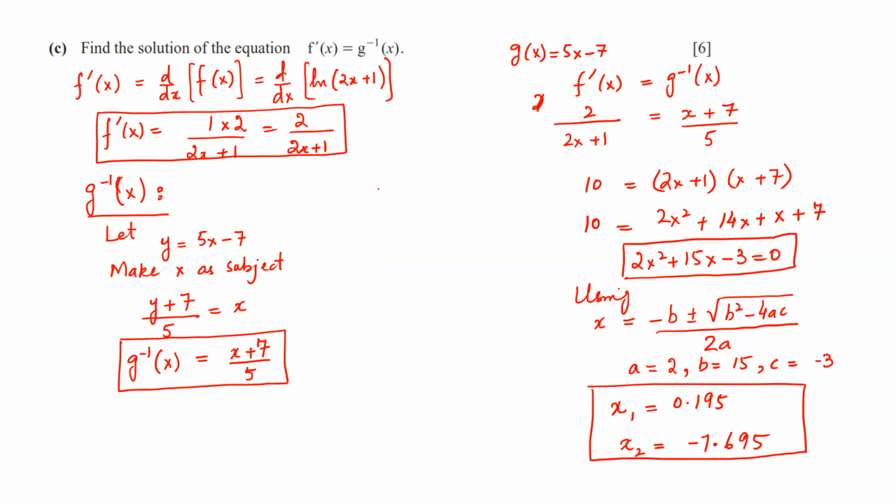But remember, there is a catch here. We have to mention the answer. So f of x was for all x greater than 1 by 2, and g of x was for all x belonging to the real numbers. So any value of x that lies in this range will be the one we are looking for.